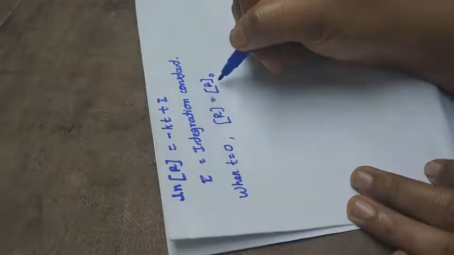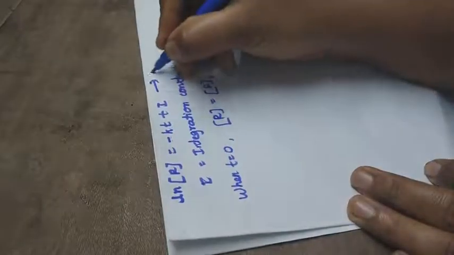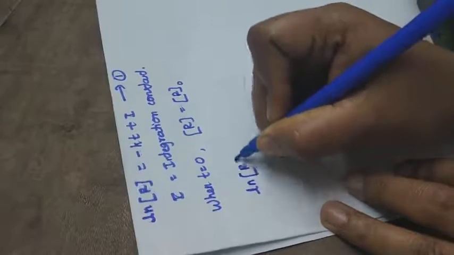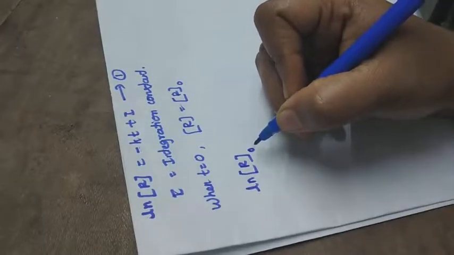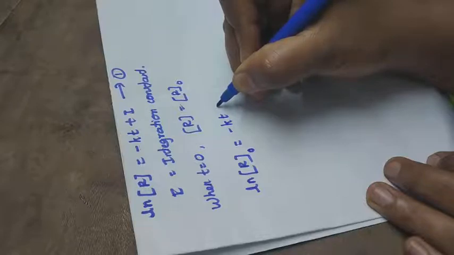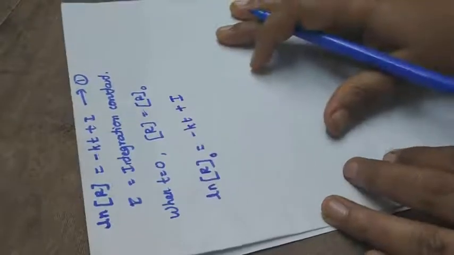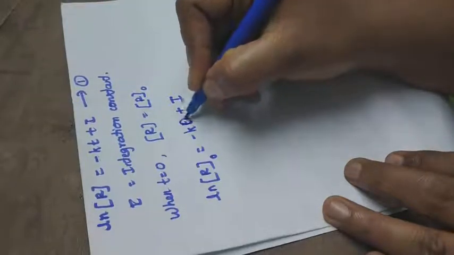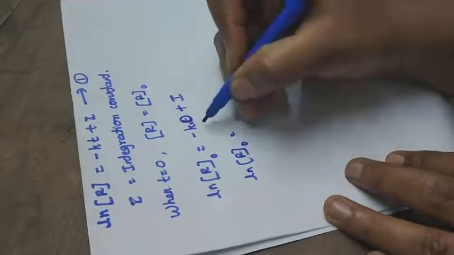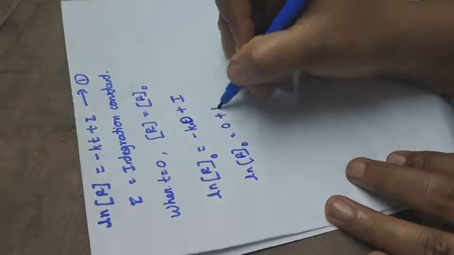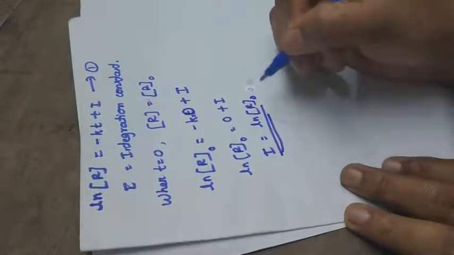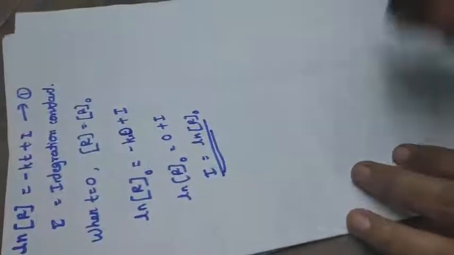Okay, so by substituting this value in equation 1, we can find the value of I. So now ln R equal to minus kt plus I. Okay, so here t equal to 0, so ln R naught equals, anything to the power 0 is 0, plus I, therefore I equals ln R naught.